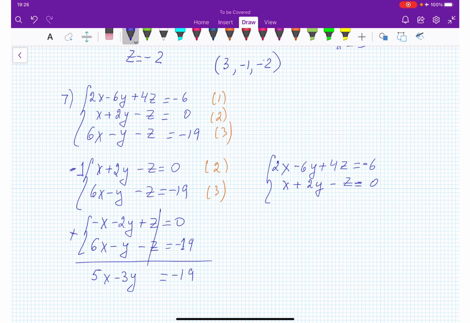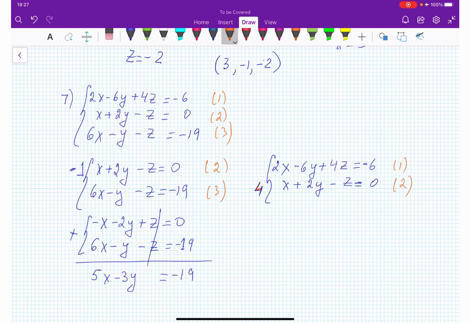So we need to get rid of z, right? Because here we have only x and y. So we have to here also leave only x and y. So we need to get rid of z. To get rid of z, I have to multiply this one by 4. This one is first one, this one is second one.